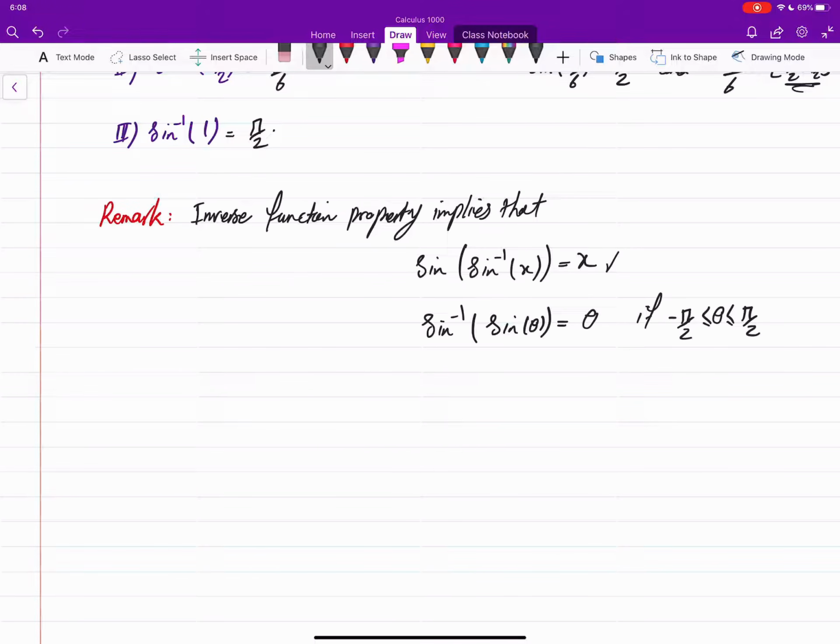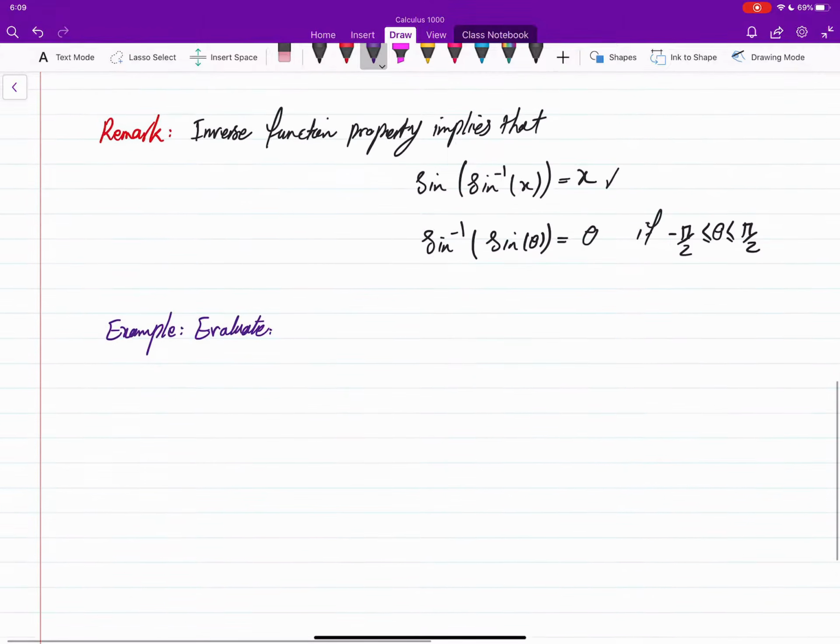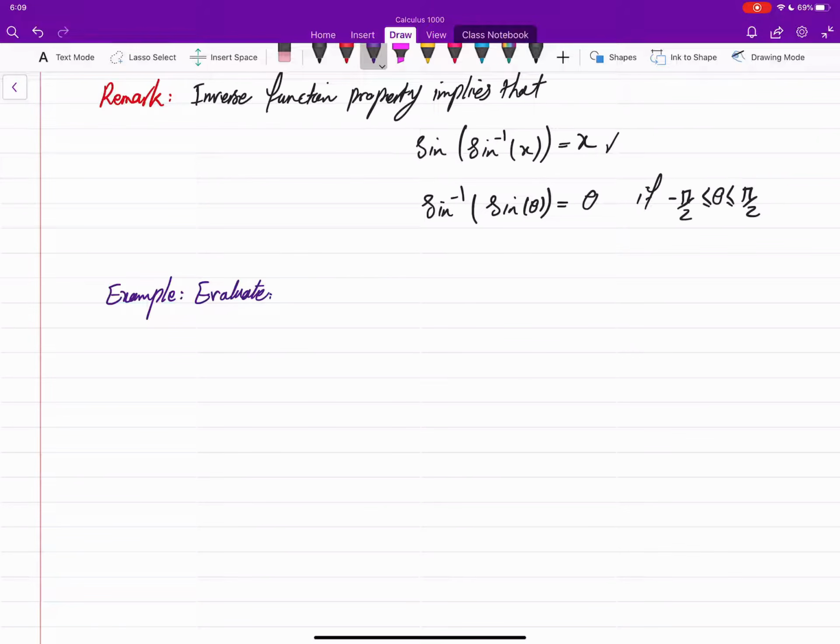So, for example, again, evaluate. First one is sine of sine inverse of 2/3.